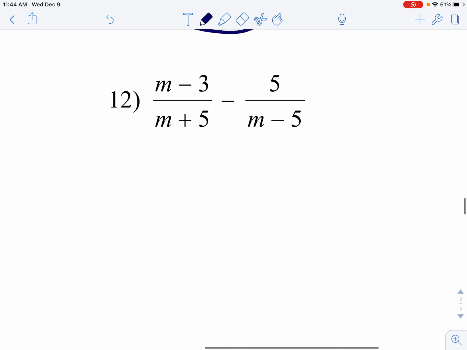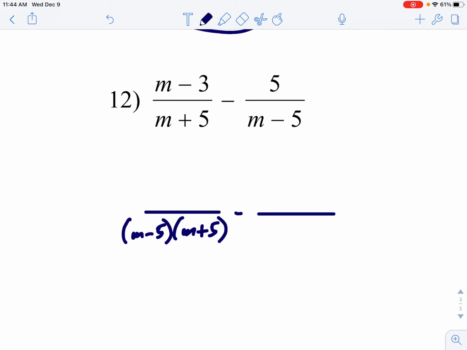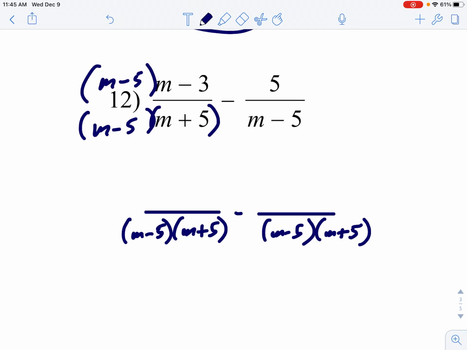Common denominator here. There's nothing to factor, so don't worry about that. The common denominator has to have an m minus 5 as well as an m plus 5. So this one gets multiplied by m minus 5 on top and bottom, and this one gets multiplied by m plus 5 on top and bottom.